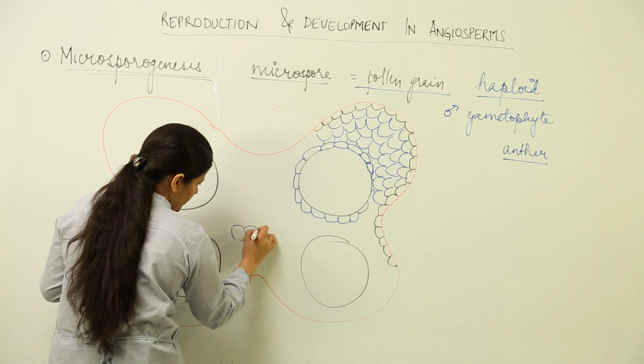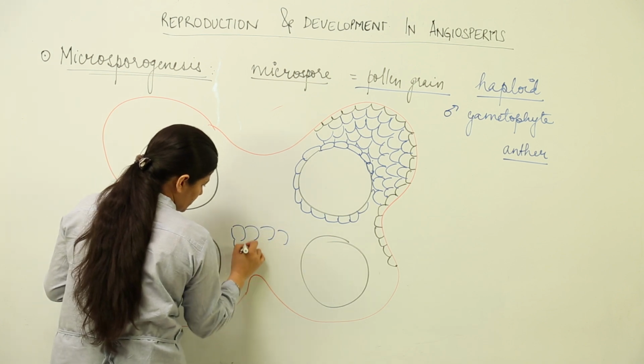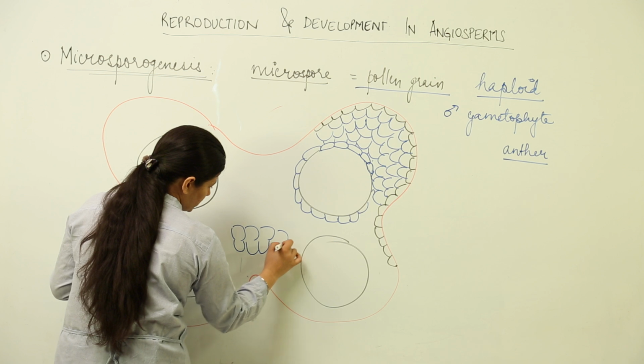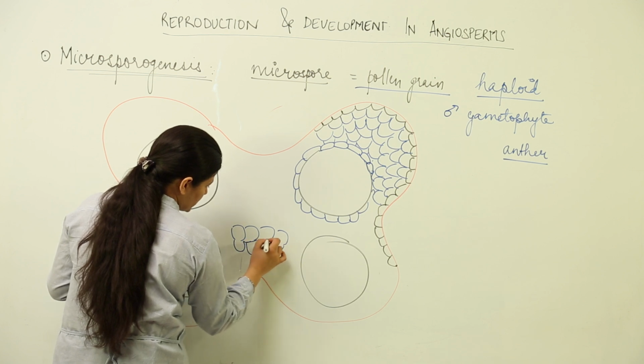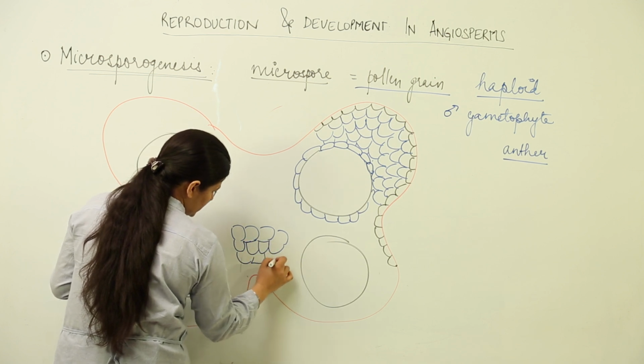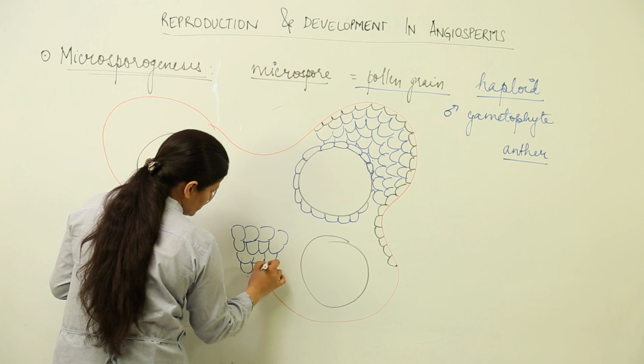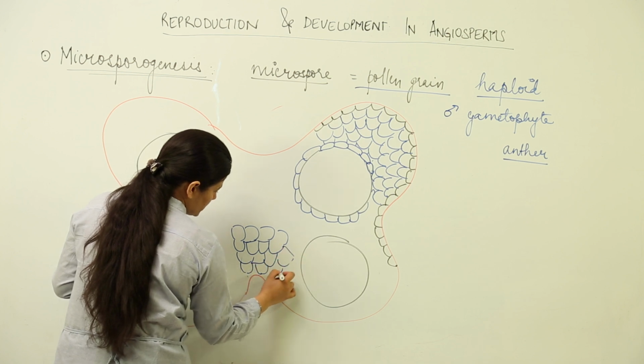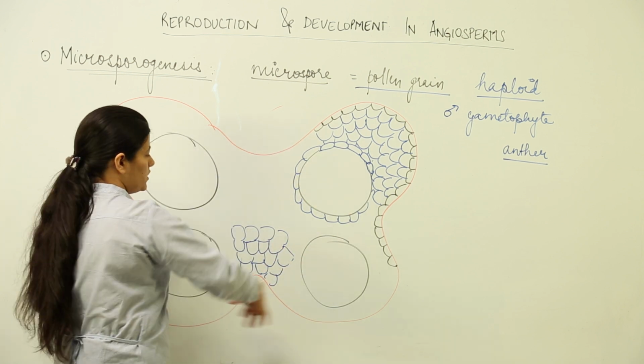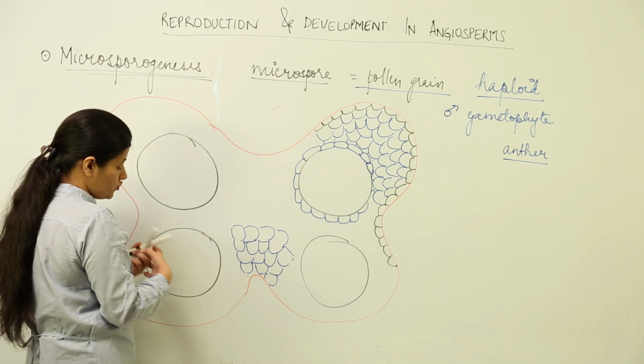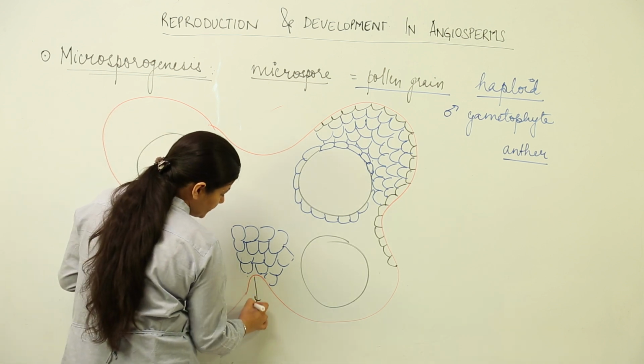This part has a lot of tissues called connective tissues. For general idea purpose I am doing this, so you get an idea where this microsporogenesis is taking place. This would be covered by all similar tissue arrangement. This is the line of dehiscence.